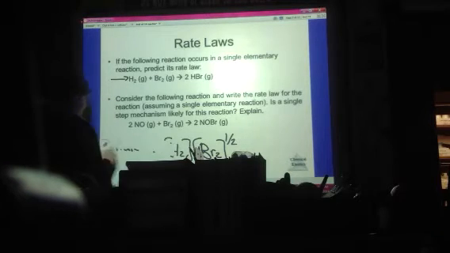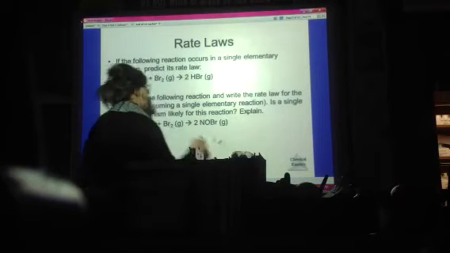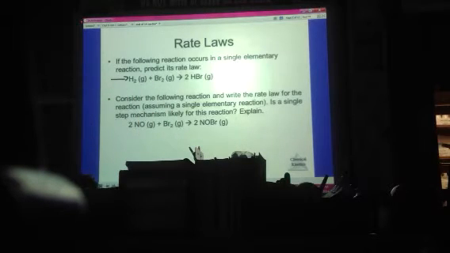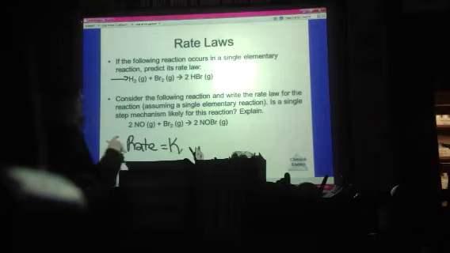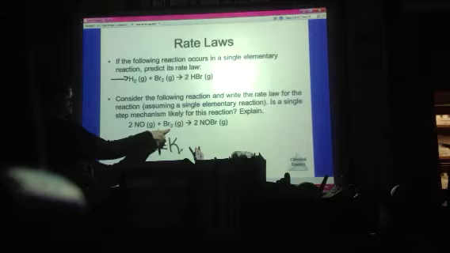Okay, let's look at this one. It says, consider the following reaction and write the rate law for the reaction. Let's assume that it's a single elementary reaction. That means it doesn't happen in multiple steps. Is a single-step mechanism likely for this reaction? If I would write my rate law, rate equals k, my reactants are nitrogen monoxide and bromine.